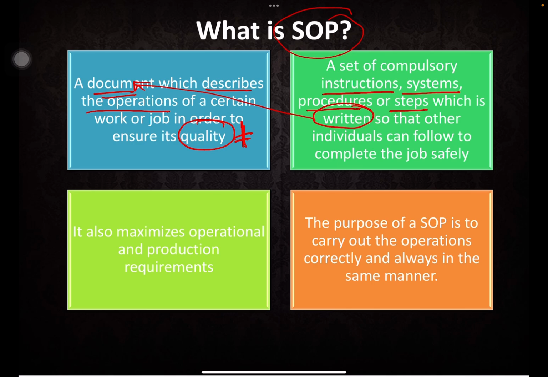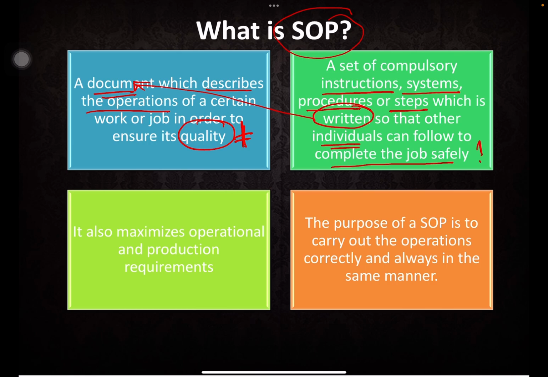We talked about safety before this. Why do we need to have SOP? If you have the SOP and you prepare it for somebody else, it is hoped that by following the SOP, the other individuals can complete the job safely. So you are looking at safety issues over there.